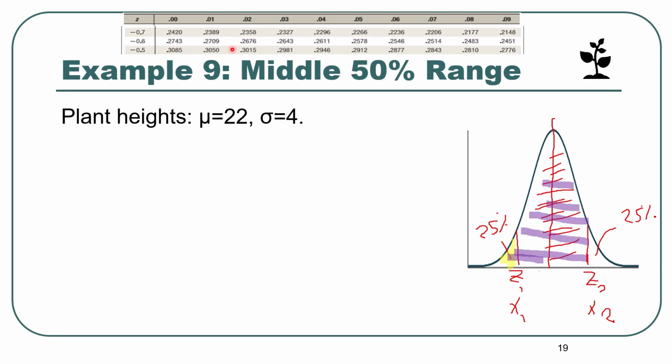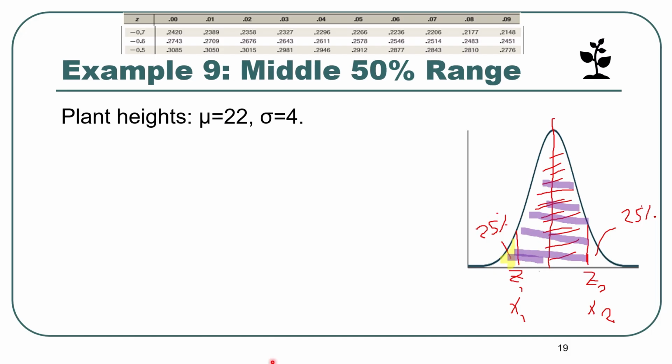It is 0.2611, 0.2578, 0.2548. So it should be between these two numbers, but it is closer to that number, which is 0.2514. So I am going to report Z as minus 0.67.